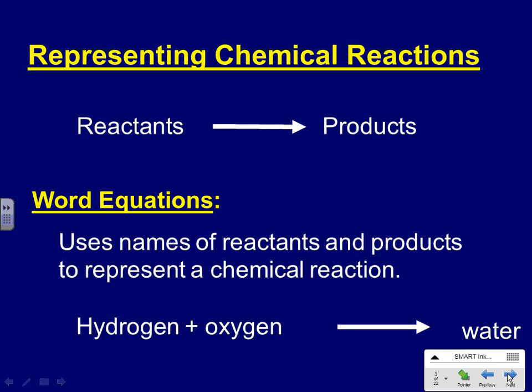No matter what type of equation you're writing down, whether it's a word equation, or what some teachers call skeleton equations before you balance them, or chemical equations, and balanced chemical equations. As you continue on in grade 11, I'm going to teach you ionic equations, total ionic equations and net ionic equations.